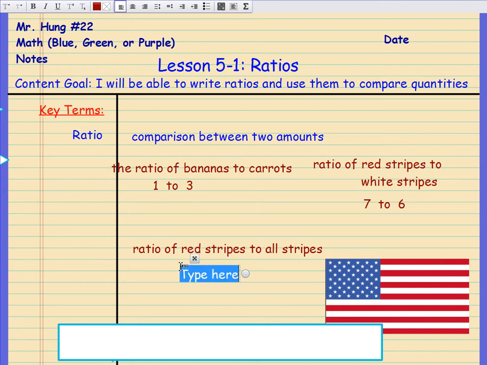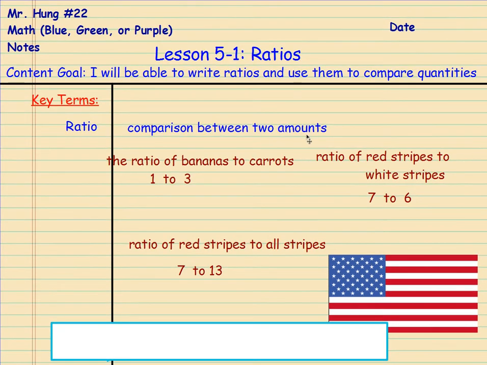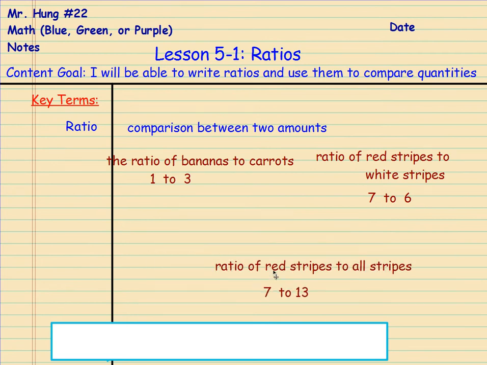So the ratio of red stripes to all stripes is 7 to 13. So we can compare anything. Red stripes to white stripes, red stripes to number of stars, anything. There just has to be 2 amounts, 2 numbers. I'm going to put this away, and I'm also going to put this away.